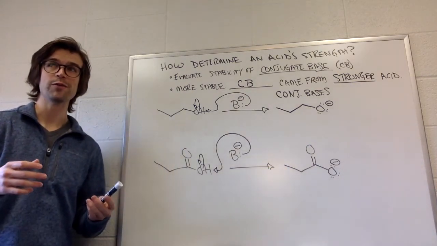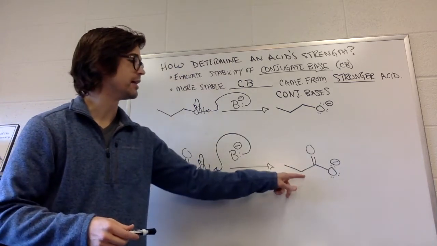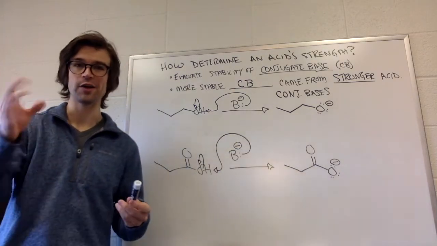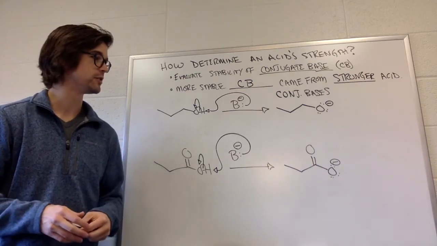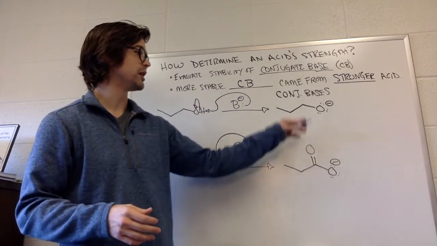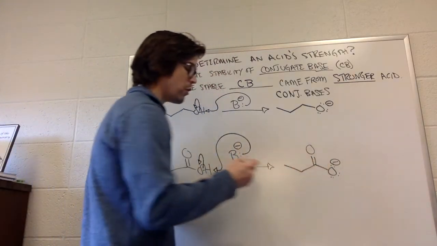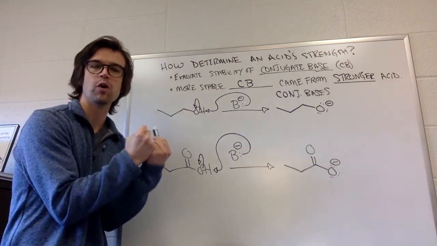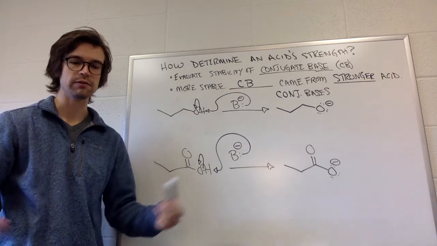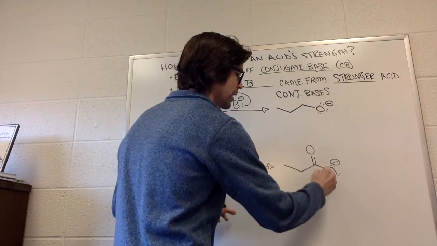Hopefully you've already drawn a structure to demonstrate why this is more stable than that, because just telling me isn't enough. We have to be able to demonstrate it with our chemical structures. Why is this one more stable than that one? Resonance. It's conjugated. Charges aren't very stable when they're on just one atom. They're going to be more stable if they are distributed over multiple atoms, and we can show that through resonance structures.